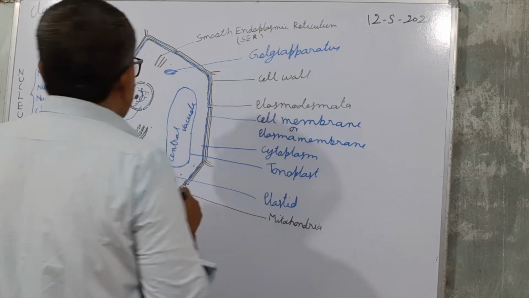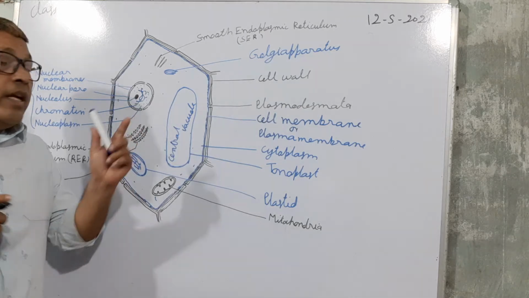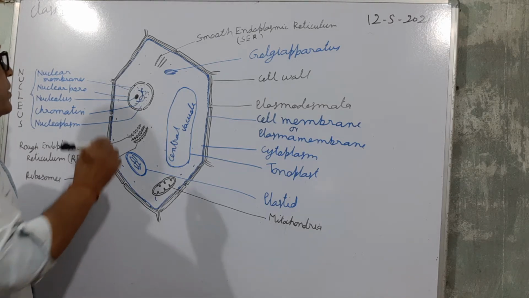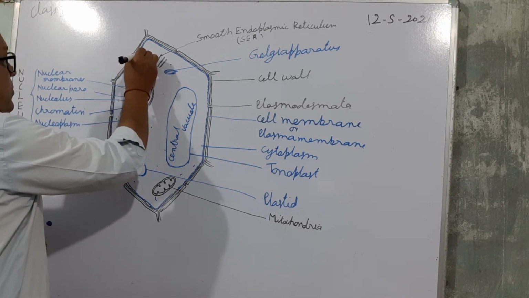Endoplasmic reticulum having no ribosomes is called the smooth endoplasmic reticulum. And one structure we left here, that is lysosomes.